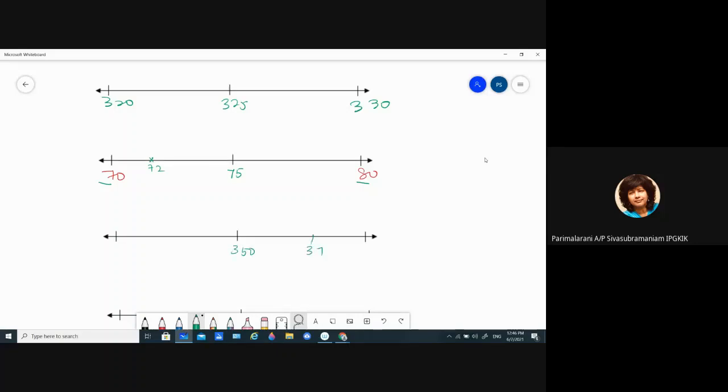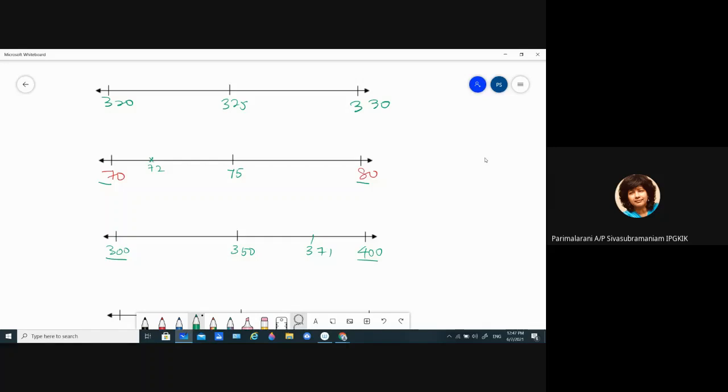Here we have 371. So what two multiples is the number between? 300. 400. 300 and 400.